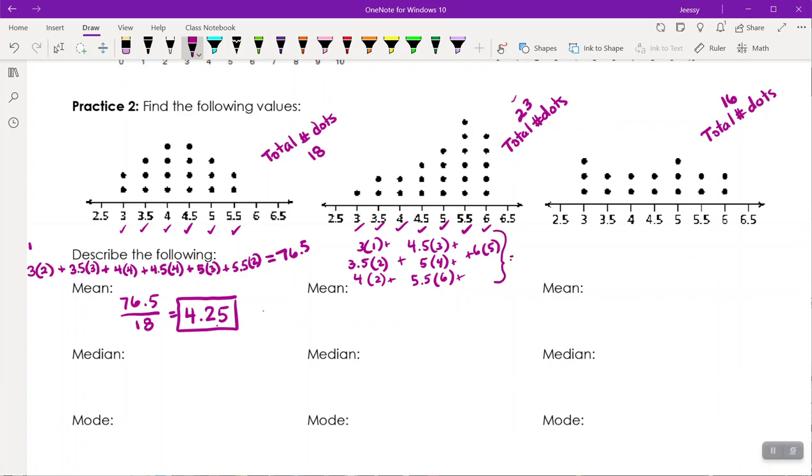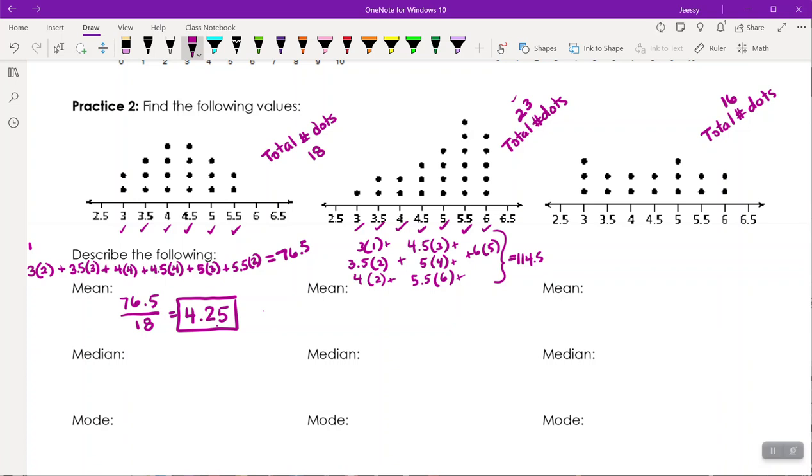How much? 114.5? Everybody? We all agree? Okay. All right, the rest of you use a calculator. Let's go. 114.5.